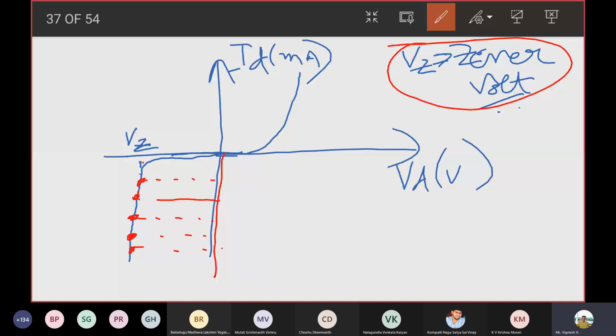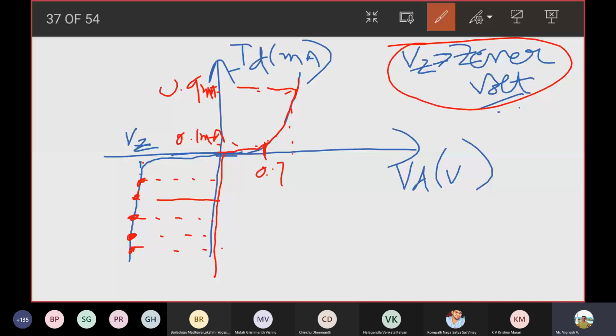Right? In the same way, for a forward bias PN junction, you consider any voltage above 0.7 volts. When the current is say 0.1 milliamp, the voltage is 0.7. When current is 0.9 milliamp, let's say the voltage is 0.78.